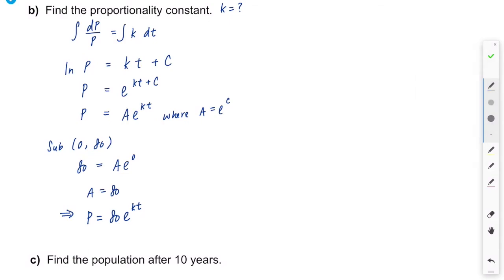So let's go to the side here. And we can now sub in the second data point, which is 2 and 120. I have 120 equals 80 e to the power of 2k. Okay? 120 over 80 is 3 over 2.